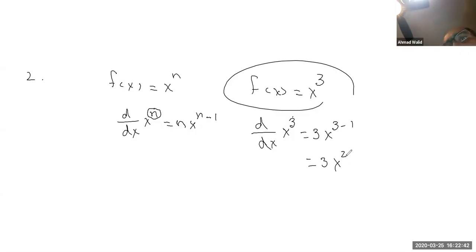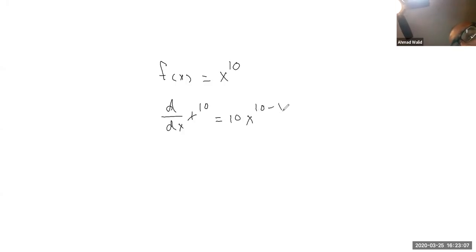I'll do one more example on this. For example, f of x equals x to the power of, let's say, 10. Then d dx of x to the power of 10 equals 10 x to the power of 10 minus 1.